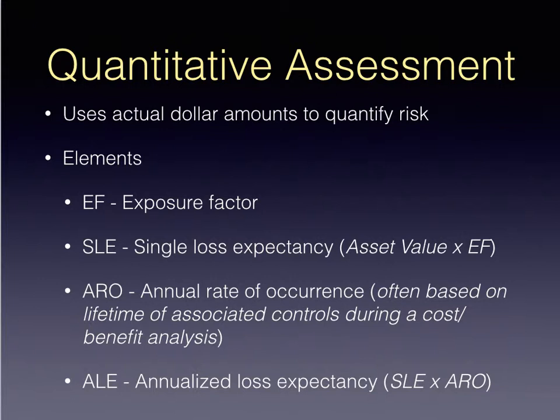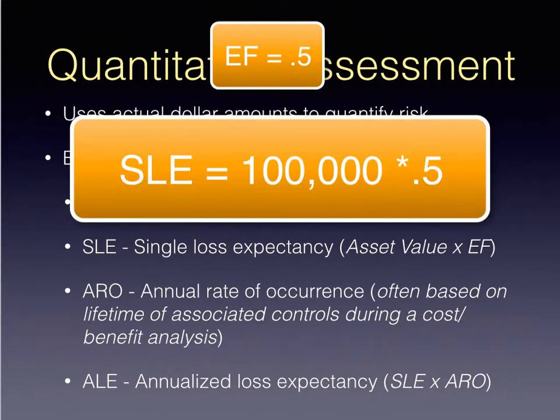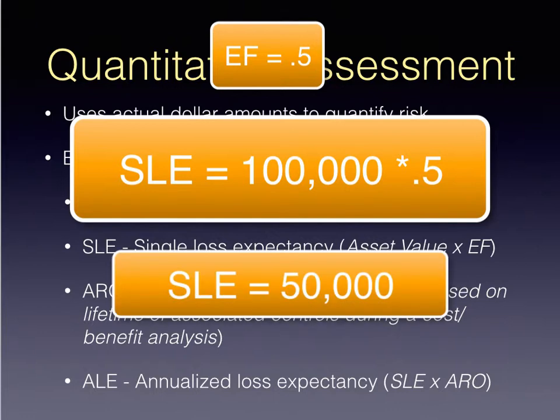Let's say that we think that we would lose 50% of the business value of an asset if there was an event. So the exposure factor would be 0.5. The single loss expectancy, therefore, is the asset value times the exposure factor. So if the asset value is $100,000 and you multiply it times the exposure factor of 0.5, then the single loss expectancy would be $50,000.